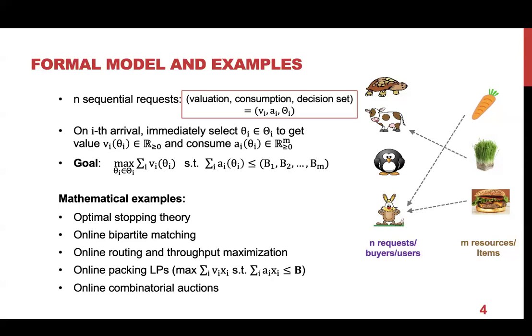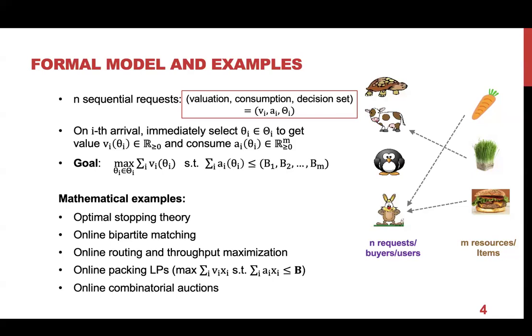Online routing is another very big example, where you have a graph with some edge capacities, and your requests are s_i-t_i pairs. You want to send a unit flow from s_i to t_i while satisfying the edge capacities. So the question is, what paths do I take and what resources do I consume? Basically, the resource here is the edges, so as to maximize the number of served requests.